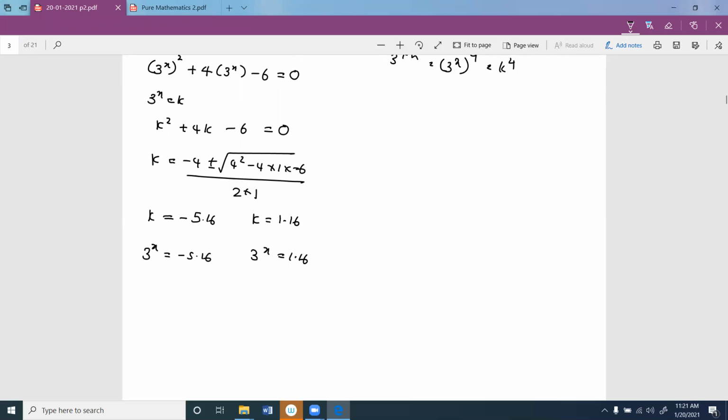If you take logarithm for both sides, log 10 of 3 to the power x is equal to log 10 of minus 5.16. Everybody just put this into the calculator and see what the answer is for log 10 of minus 5.16.